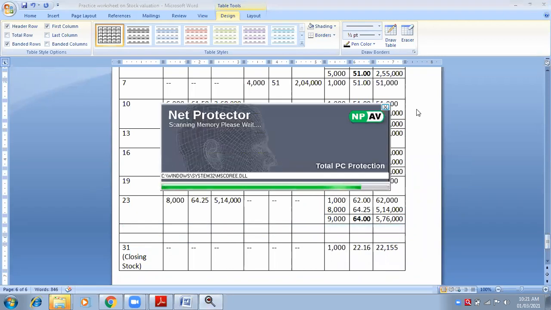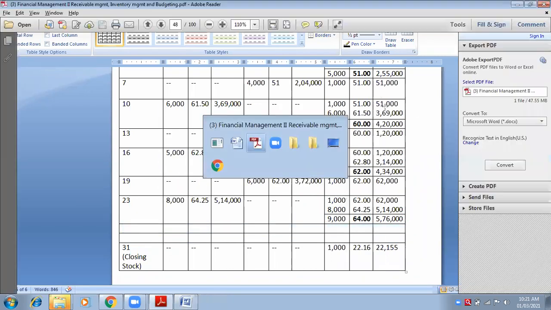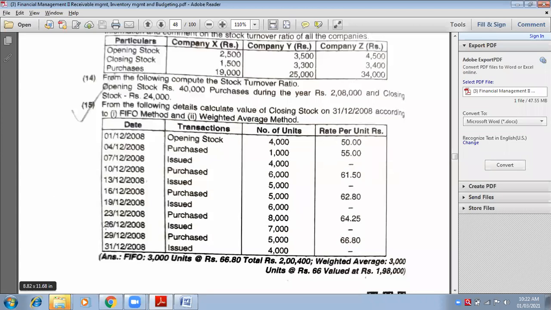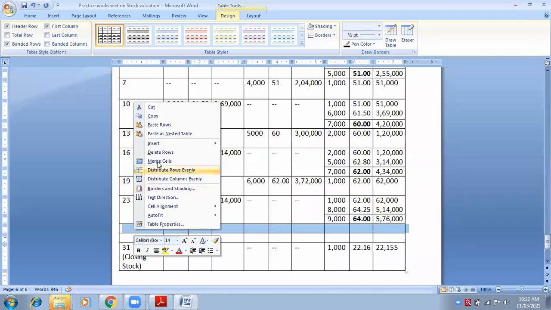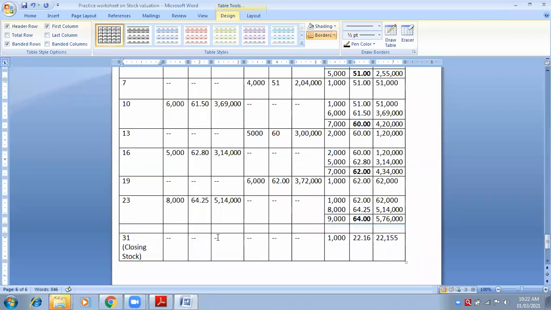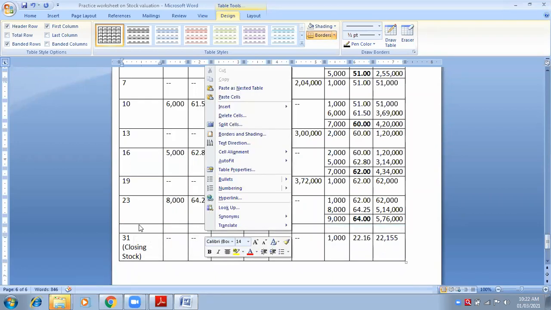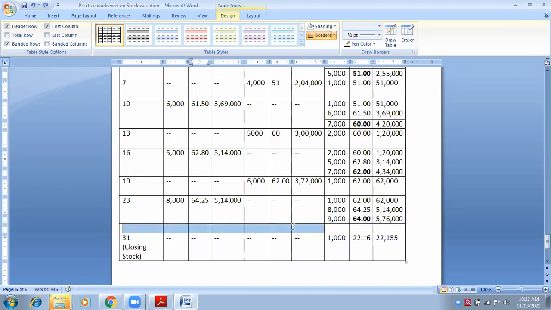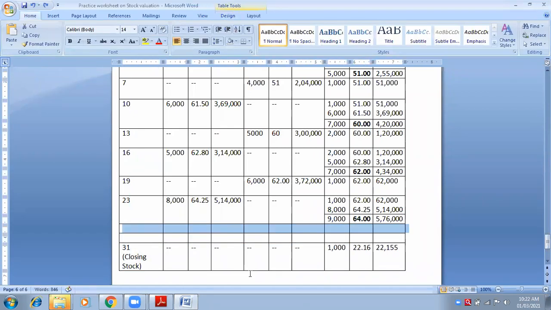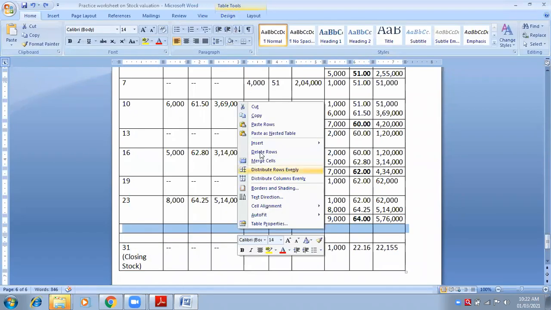How many dates are there? Let me check. Two more, no? 26 and 29. Yes. So one more column is needed. Insert.